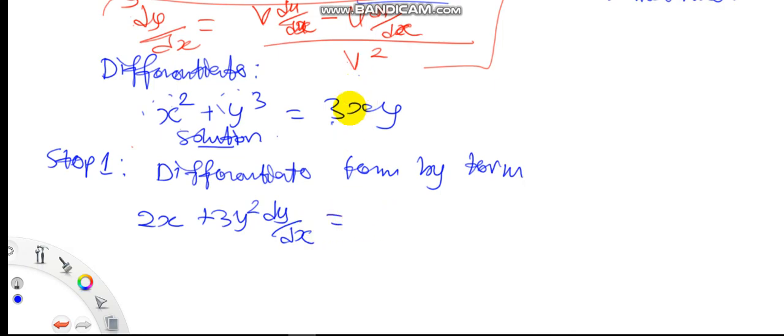Okay, equal to, we say this one now, this is a product. So first we hold the second function, we hold y constant, and then we find the derivative of x. Okay, so holding y constant, x will be, we assume there is 1 on top, so we multiply by 1 and then we subtract 1 from the power. So this will be 1 minus 1 is 0, and any number raised to the power 0 is just 1.